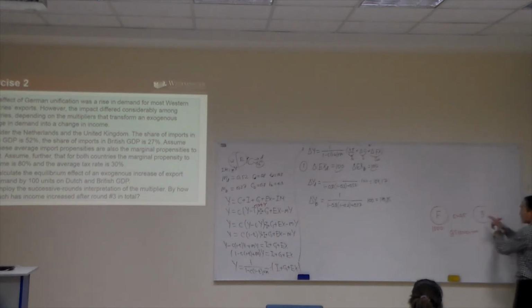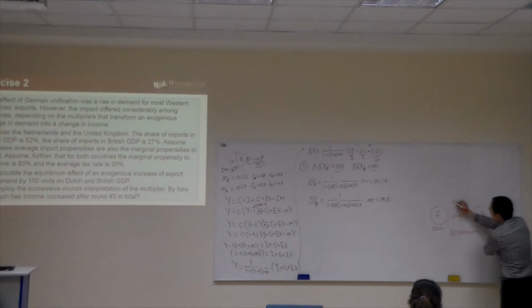Because the propensity to consume is 50%, the builder is going to consume 50% of his income, which is equal to 250.